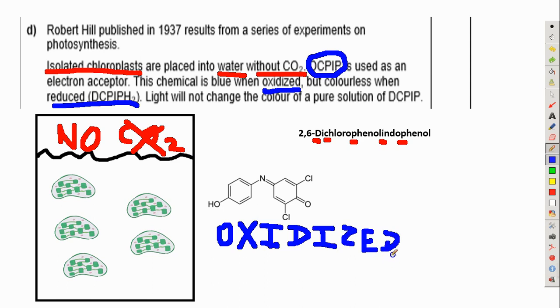So this oxidized version, DCPIP, can be reduced. When you have a reduction, if you remember, you have a gain of electrons. Let's add 2 electrons and 2 protons.